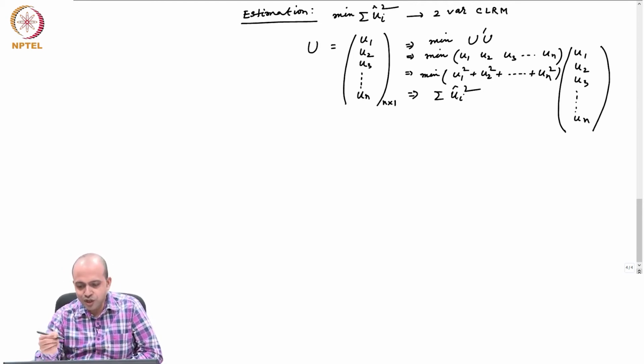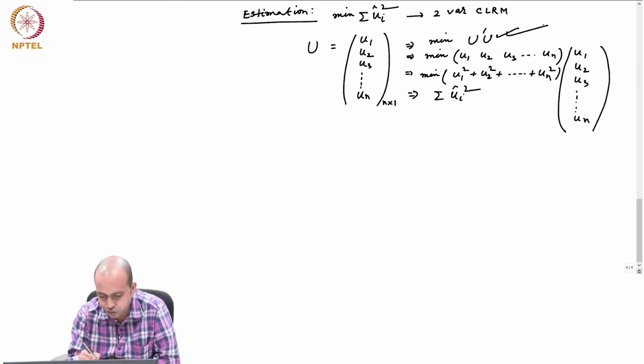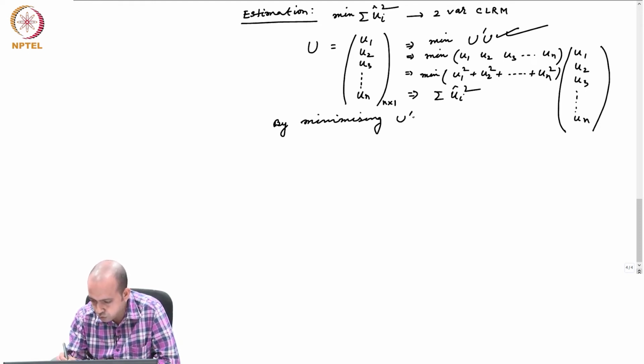So, what we minimize here, this is the form we have to keep in mind, that we have to minimize u prime u. And if you minimize u prime u, what we get? We get our desired beta hat.